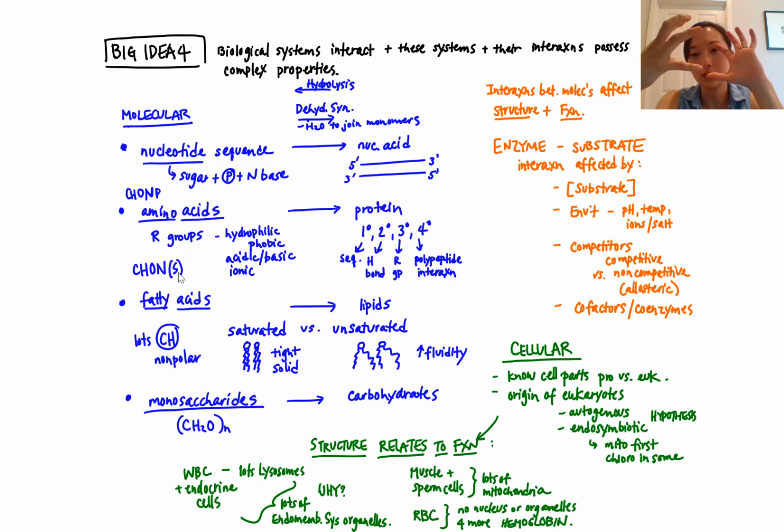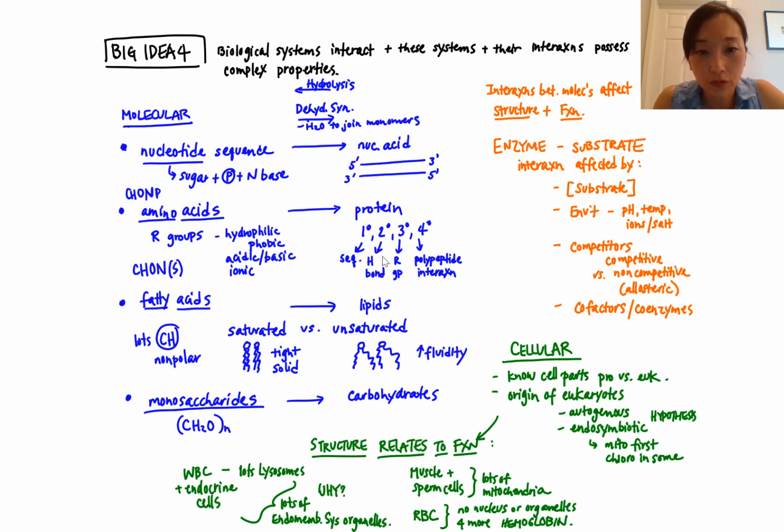It helps stabilize the tertiary structure of proteins. Okay, so let's talk about protein structure. The primary structure of proteins is determined by the amino acid sequence. And remember, amino acid sequence is determined by your nucleotide sequence. So if there's a change in the nucleotide sequence, there may be a change in the amino acid sequence, depending on where it happens.